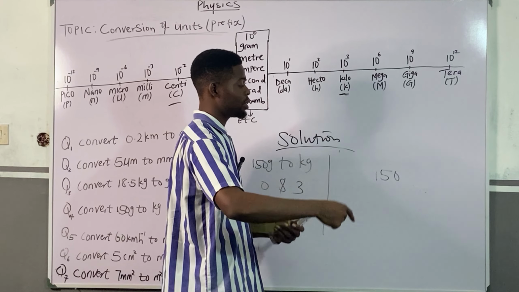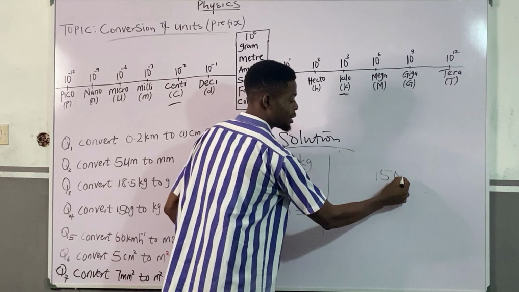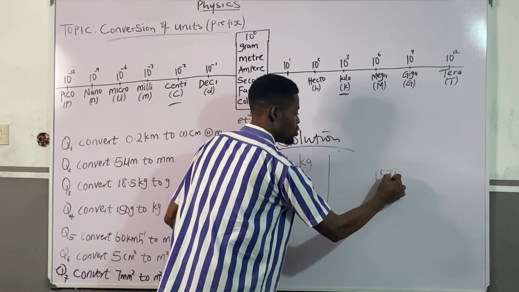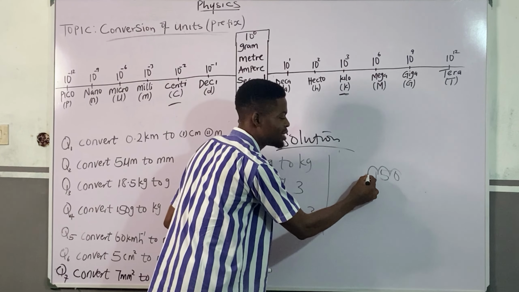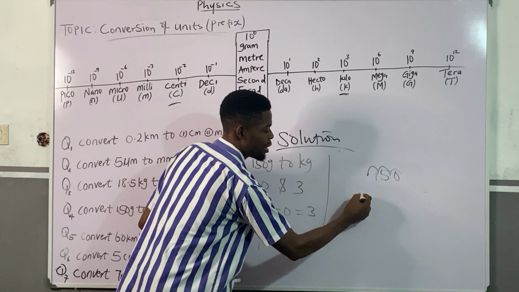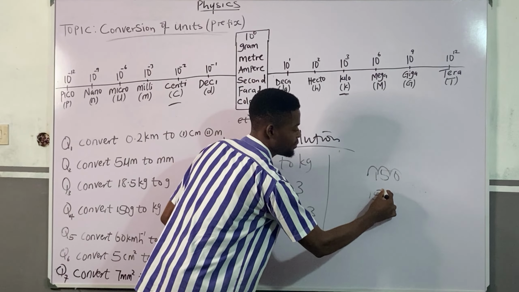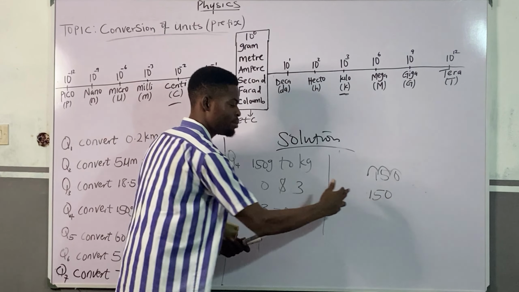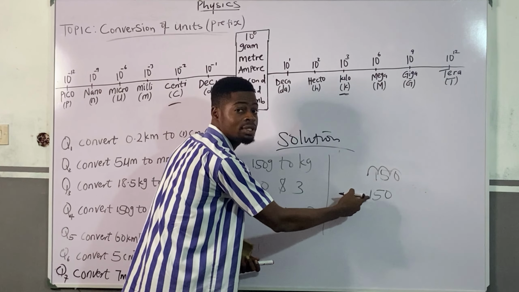But when you have a decimal number, you go and identify the decimal point. Then from the decimal point, you move toward the left or toward the right. So here we are starting from here. We are moving 3 times. So we have 1, 2, 3. So we are dropping the decimal point here. So that means we are having 0.150, and when you have point something, there is an invisible zero preceding the decimal point.